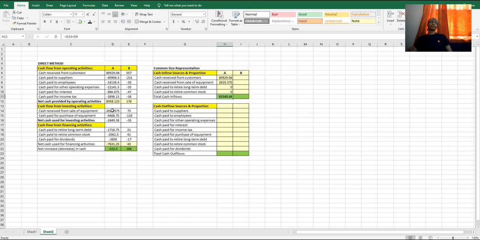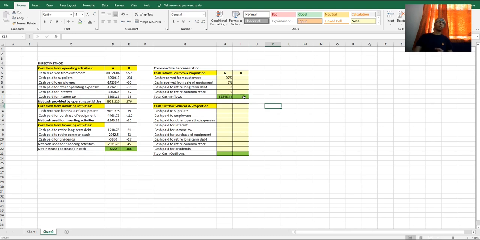Now what we do, friends, is we divide this number by the total inflow. Similarly, we divide the second number by the total inflow. Now we can see it's a 96.8% contribution from cash received from customers for A, and 3.1% is from cash received from sale of equipment. So we can convert it into percentages also, 97 and 3% approximately.